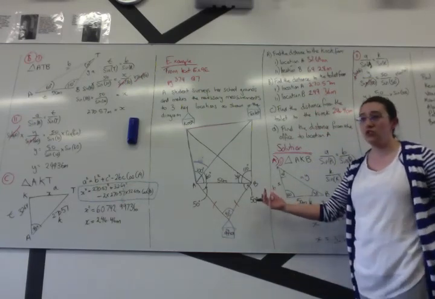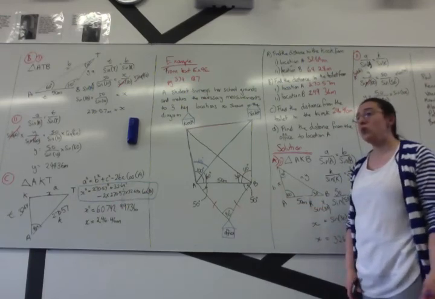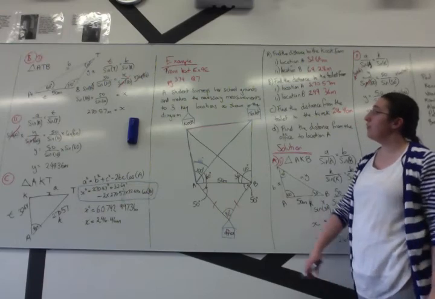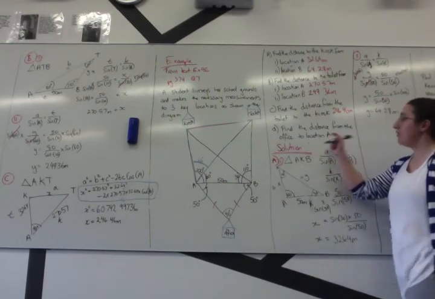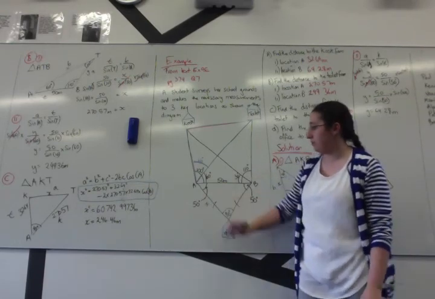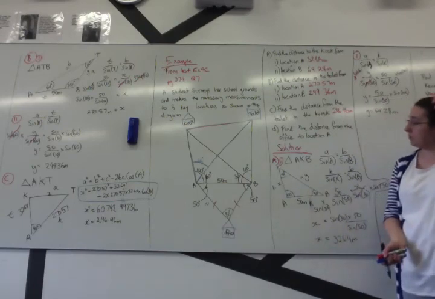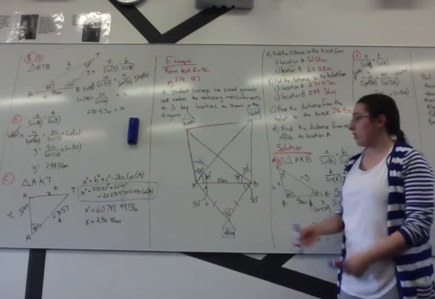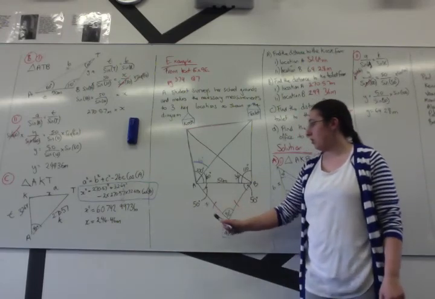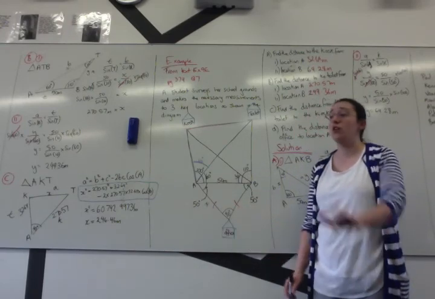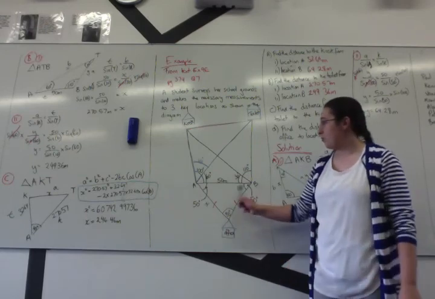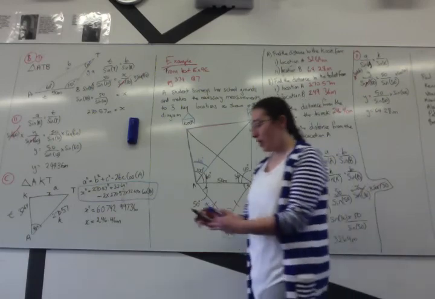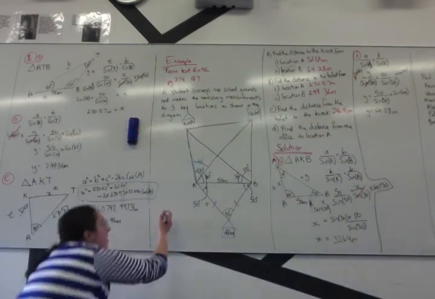Haven't done any calculations yet. What sides are you going to use? Well, you want to find the distance from office to A, so you're looking for here. That's going to be X. So you're going to use B and O. B and O. Office, sorry, I apologise. So, for part D, I'll squish it in down here.